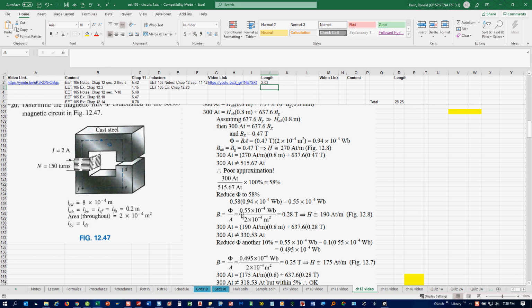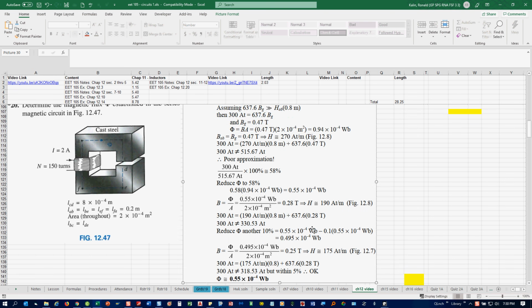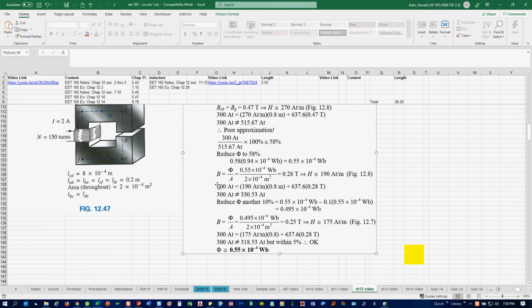They're making another approximation. So B is equal to the new value of phi divided by A, which is 0.2 Teslas. And then when you go to figure 12.8 again, you get H of 190. So then you plug that in your equation and you get 300 equals 330.